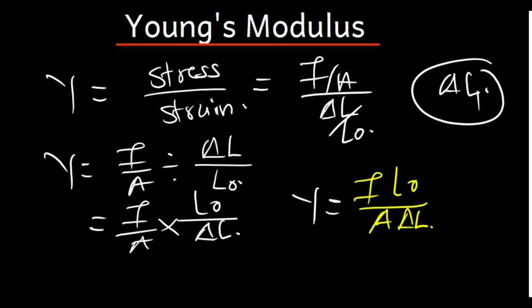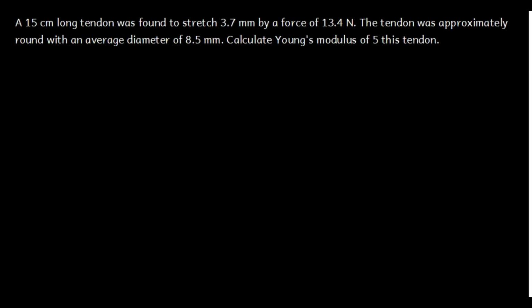Now, let's say we have a question. For example, this is the question which you have. The question is saying a 15 centimeter long tendon was found to stretch 3.7 millimeters by a force of 13.4 newtons. The tendon was approximately round with an average diameter of 8.5 millimeters.